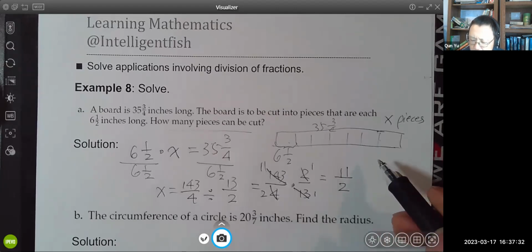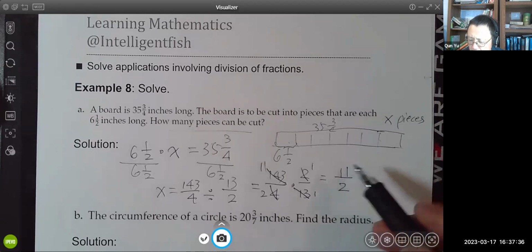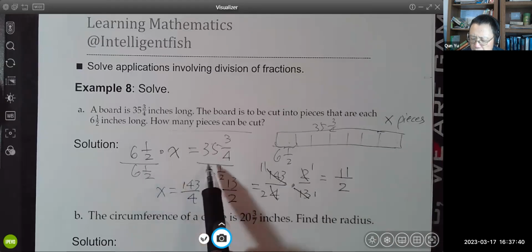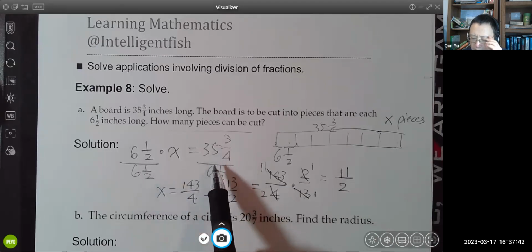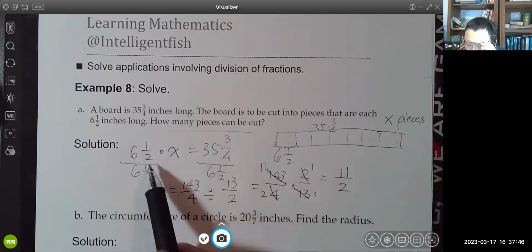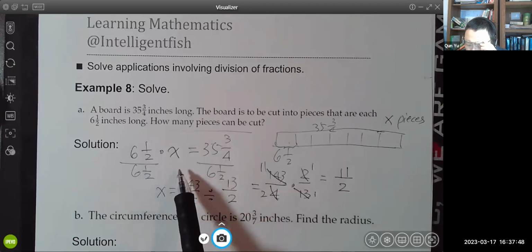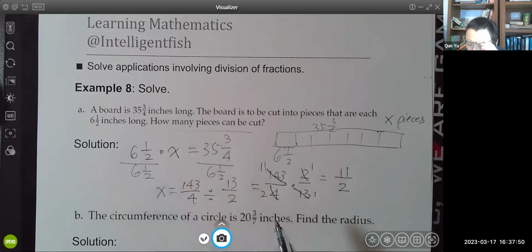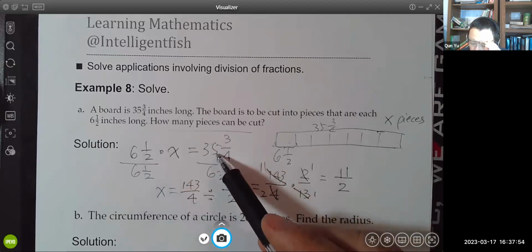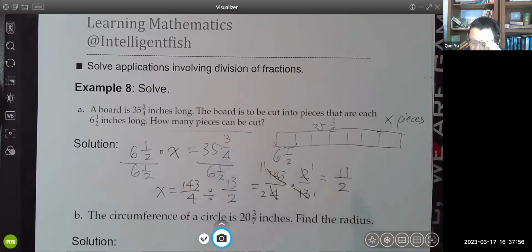Is that right? Let me double check quickly. 35 3/4. I just want to make sure I don't read the information wrong. Inch long. Yeah, that is right. 13/2. 143/4.